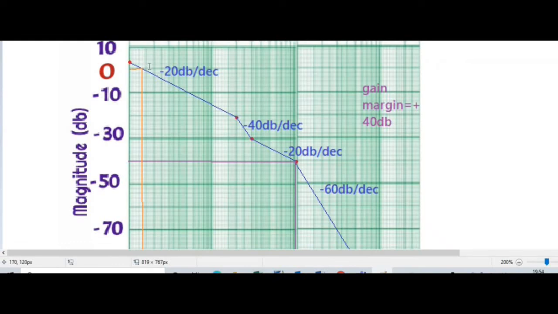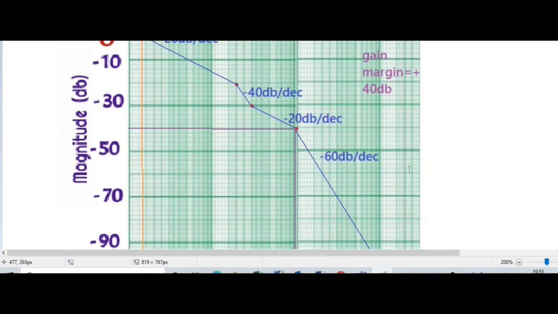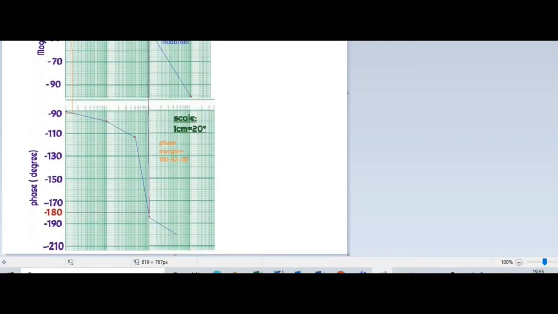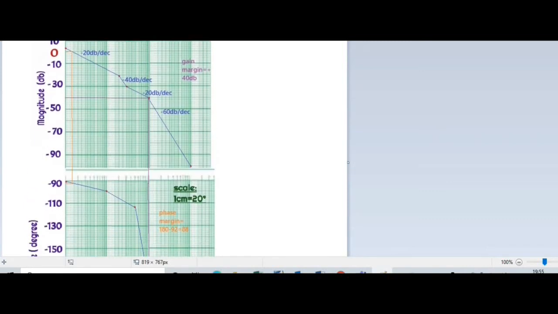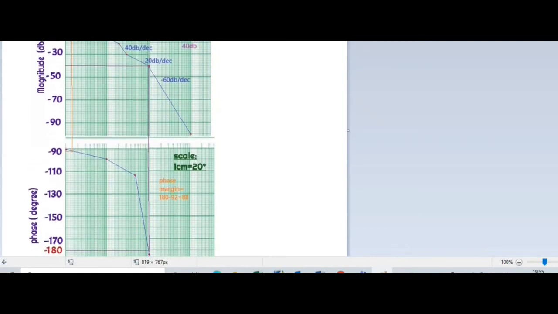If we observe, this line is in between 0.1 and 0.2, so we will say that it is 0.15 radians per second. So overall, our plot will be like this, showing the gain margin and phase margin.